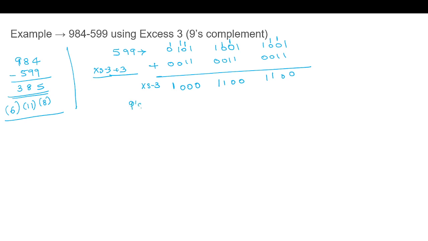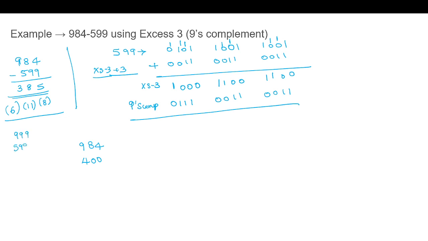Now to take 9's complement, we have to invert this. Okay. Now with this, let's go for 984, and this will be equivalent to 400. So you can verify it.